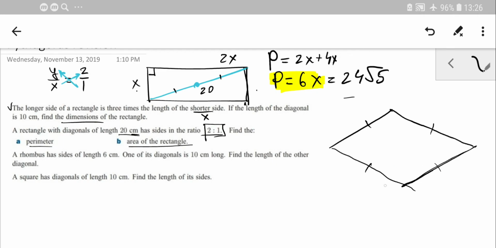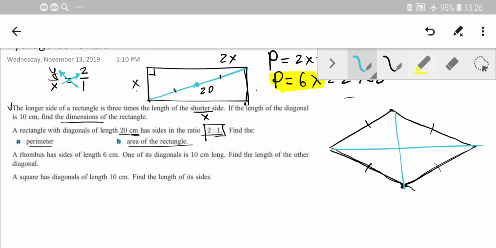And the main feature of the rhombus is that diagonals intersect at a right angle. So here is the right angle. Okay, so the rhombus has sides of length 6 centimeters. So each side is 6 centimeters. One diagonal is 10 centimeters long. Find the length of the other diagonal.